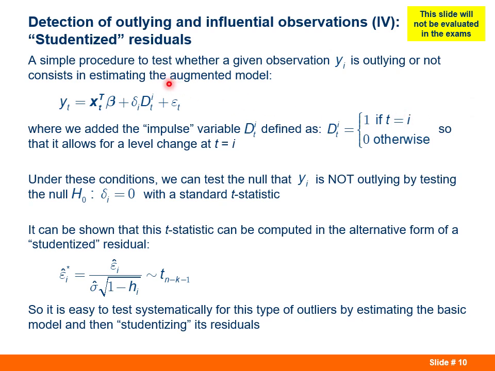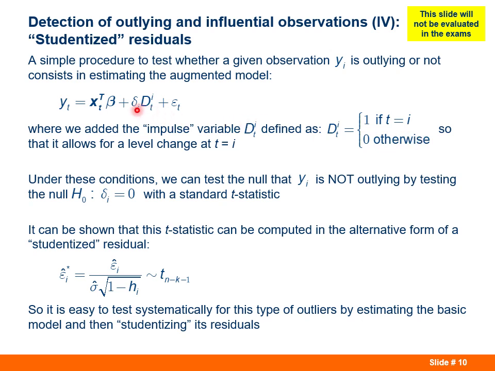Imagine that you have here the regression model that you want to estimate, y_t as a function of x_t transpose. And then you add a new variable with its corresponding parameter. The variable d is defined as 1 for the ith observation and 0 otherwise.